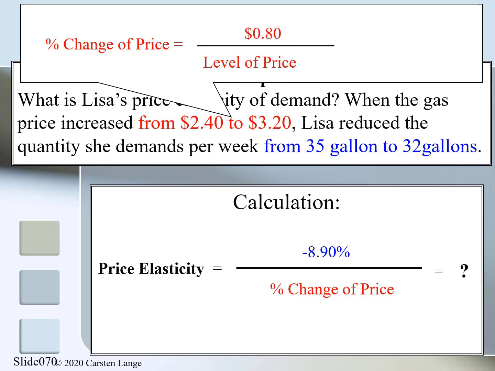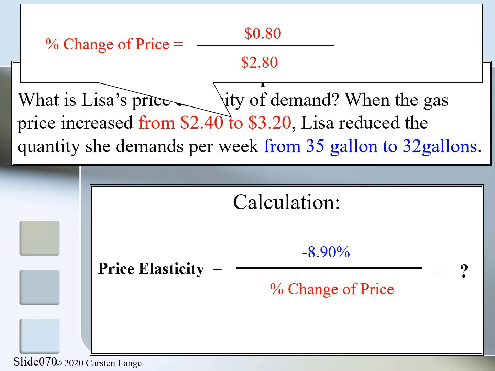Next, you have to divide $0.80 by the level of the price, and again we use the midpoint formula to calculate the level. 3.20 plus 2.40 adds up to 5.60 divided by 2 gives 2.80, which is exactly the midpoint between the new price and the old price.